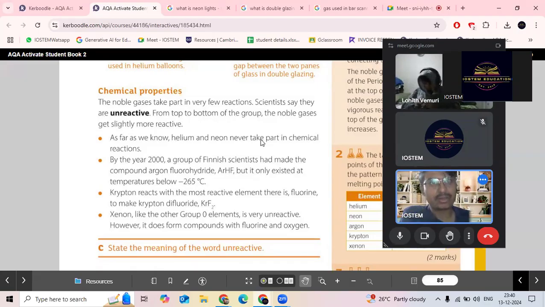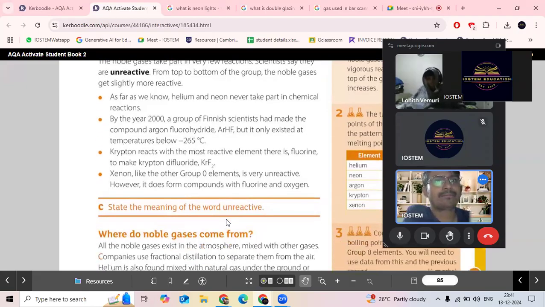So xenon, which is very less reactive, but still forms compounds with fluorine and oxygen. Fluorine is most reactive, right? So whenever it comes with any element, it will combine.